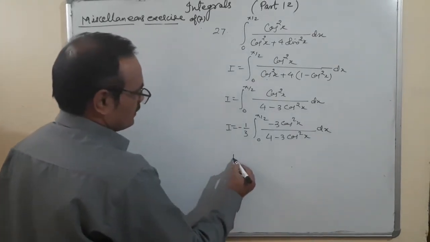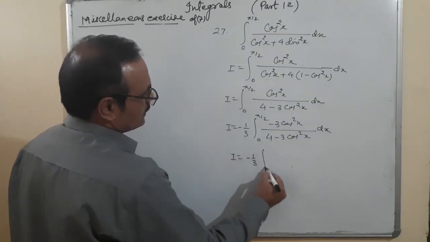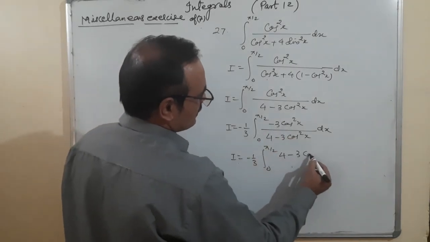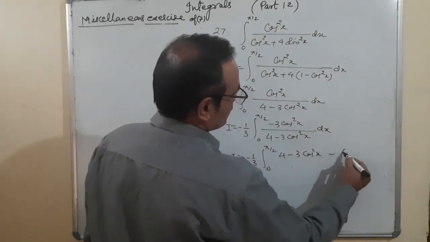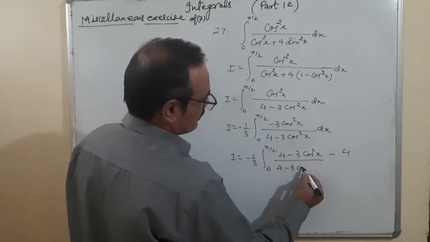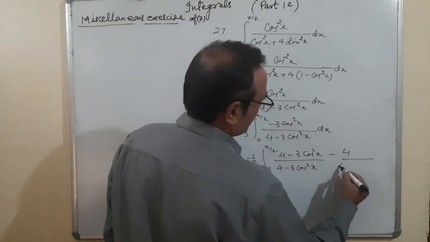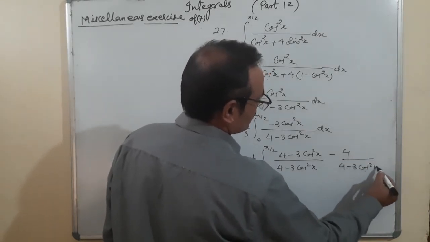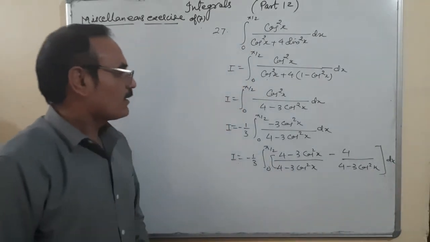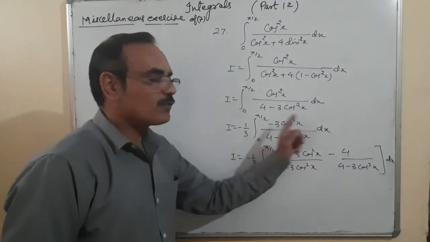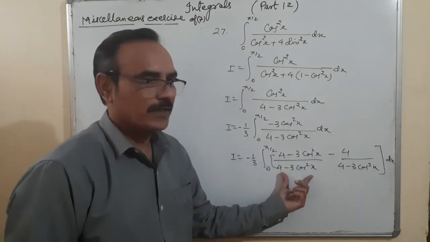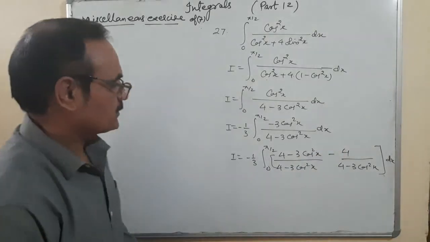I is equal to minus 1 by 3, integral from 0 to pi by 2 of 4 minus 3 cos square x, plus 4 minus 4, upon 4 minus 3 cos square x. I hope you have understood it. Understood everyone? Minus 3 cos square x plus 4 minus 4, and 4 minus 3 cos square x will be separated into both the terms.